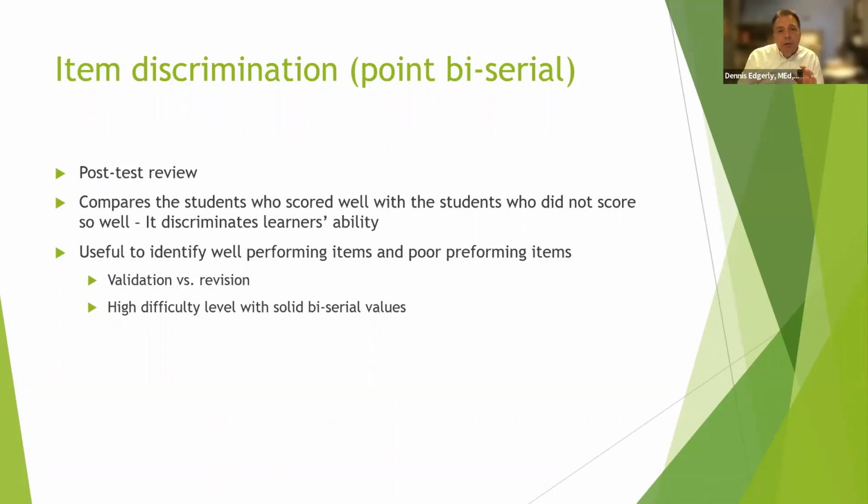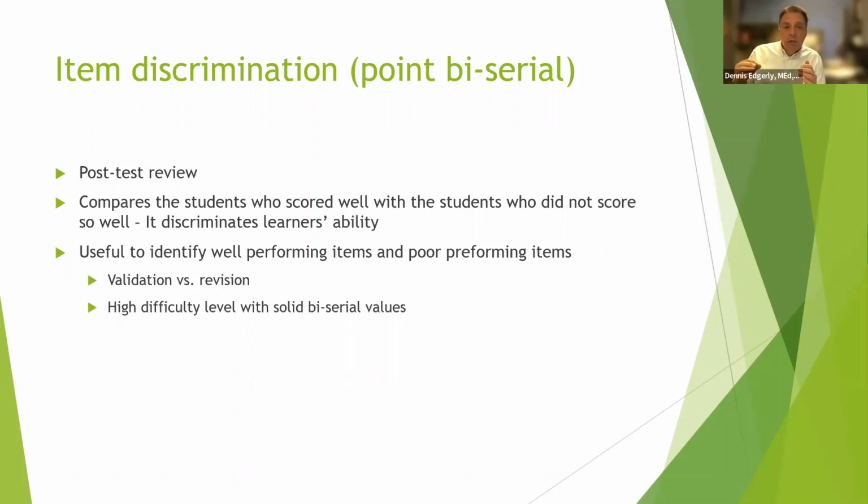What a point biserial does is it looks at the test question and identifies who got the test question correct and who got it incorrect. I know it sounds kind of horrible when I say it, but what we want is the students who are our high performers. And the test knows who our high performers are because those are the students that got the high scores on the test. So it's not the high performers in your class per se, it's the students that got the high score on this test.